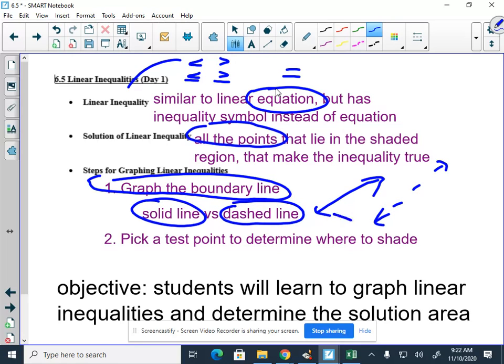And then many times we'll shade one way or the other. We might shade underneath the line or above the line, and all the points in the shaded area work. And if it's a solid line, they also work on the line, or not. We'll talk about that as we go. So we're going to learn to graph these linear inequalities today.